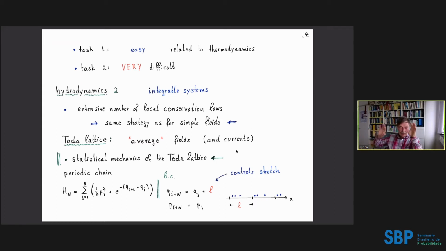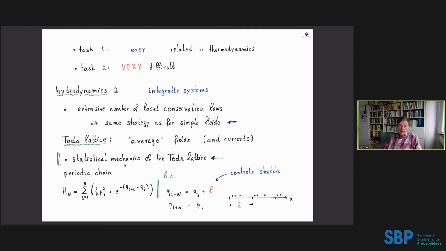I hope you understood what the problem is, and now we have to move towards the solution and investigate the statistical mechanics of the Toda lattice. For quite some time, almost all the way to the end, there will be no dynamics appearing anymore. It's really just statistical mechanics.